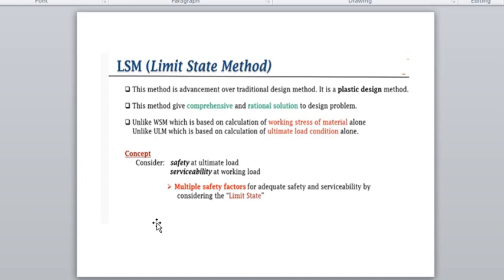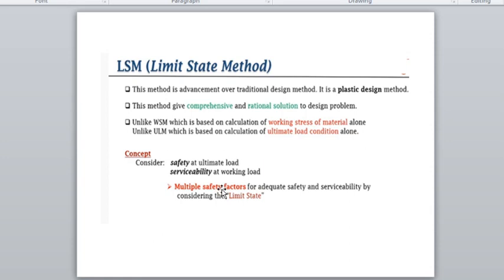And for serviceability, working load means divided by the factor of safety, or divided by some other factor. That is working load. So in short, the limit state method of design considers two things. One is safety, for which we take up to ultimate. The other is serviceability, up to working load.